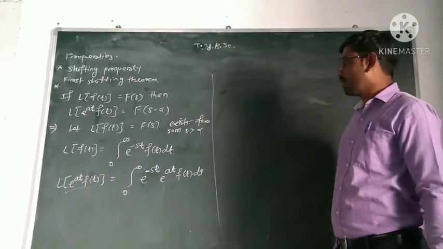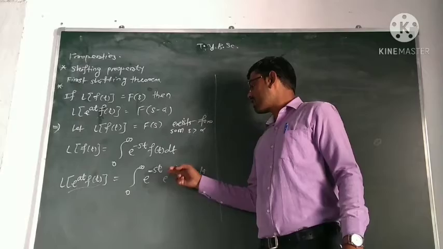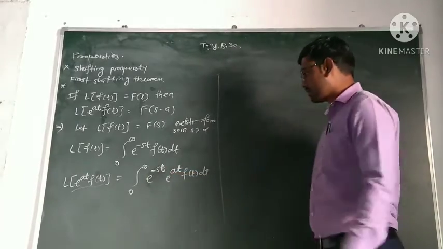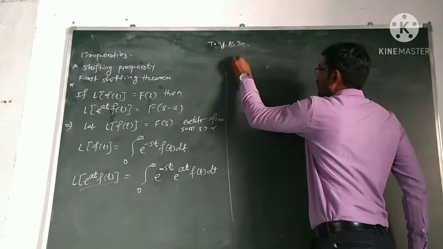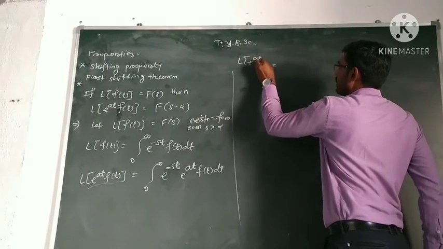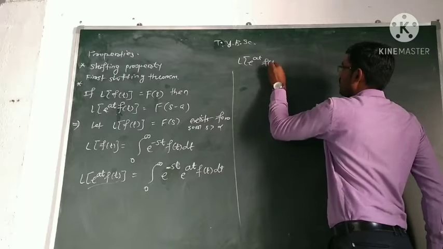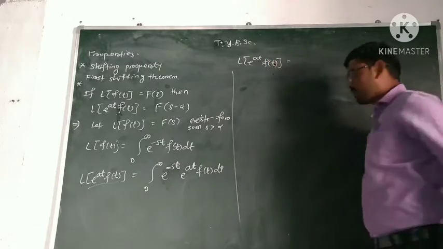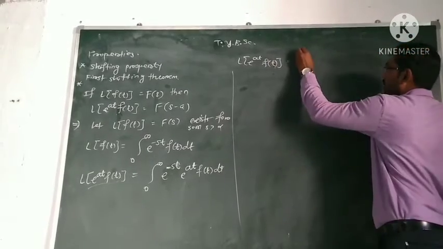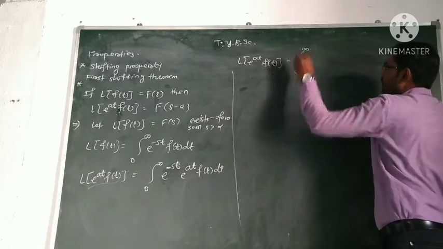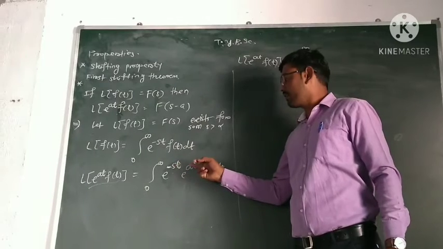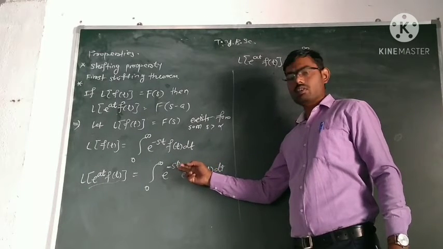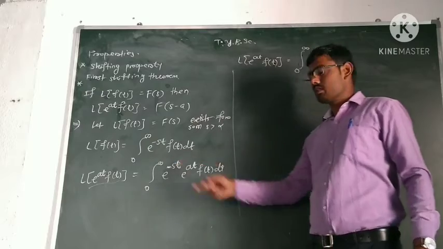Now here, e raised to power minus st and e raised to power at, t is common. So Laplace transform of e raised to power at into f of t is equal to the integral from 0 to infinity of e raised to power minus st e raised to power at. So here we take minus t outside.